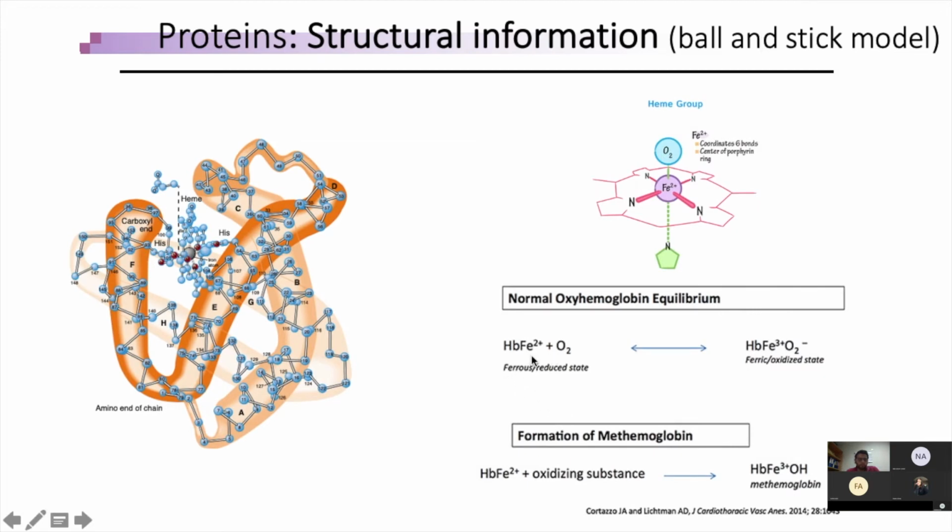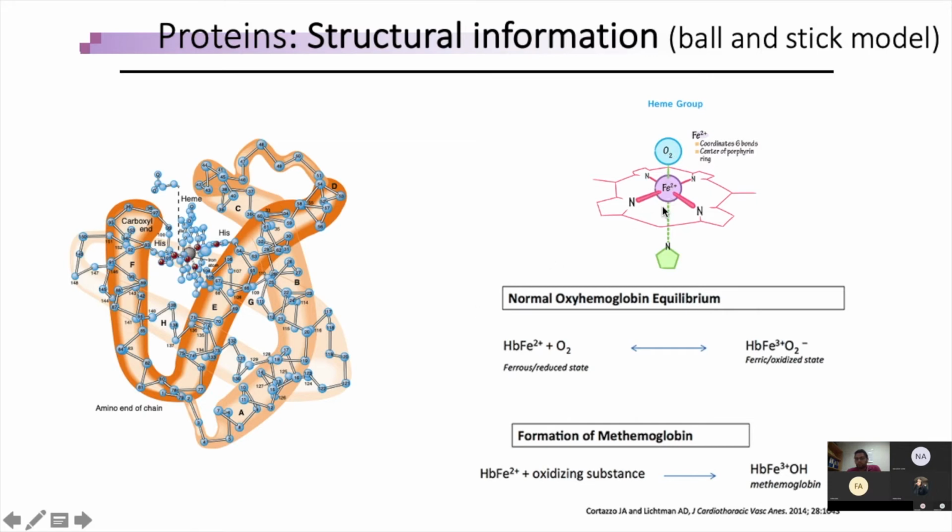However, this interaction with oxygen is an irreversible interaction. That means this oxygen cannot be released even when it is required in the tissue organs. Amino acid side chains of this polypeptide interact non-covalently with the non-polar porphyrin or pyrrole ring, and this non-polar interaction between porphyrin and amino acid side chains reduces the ability of this iron to bind with oxygen.